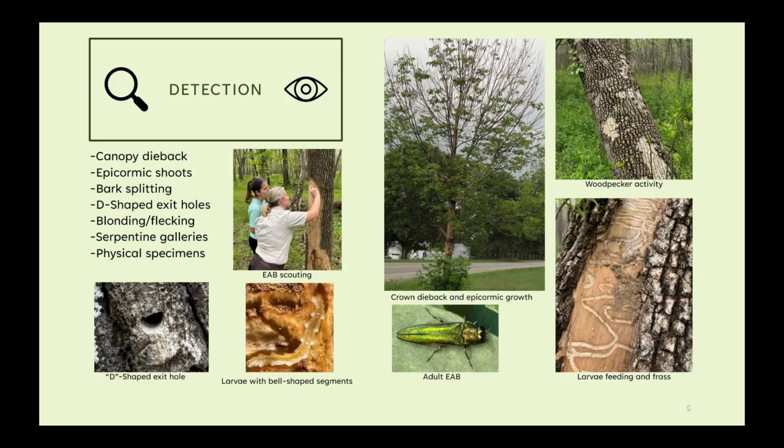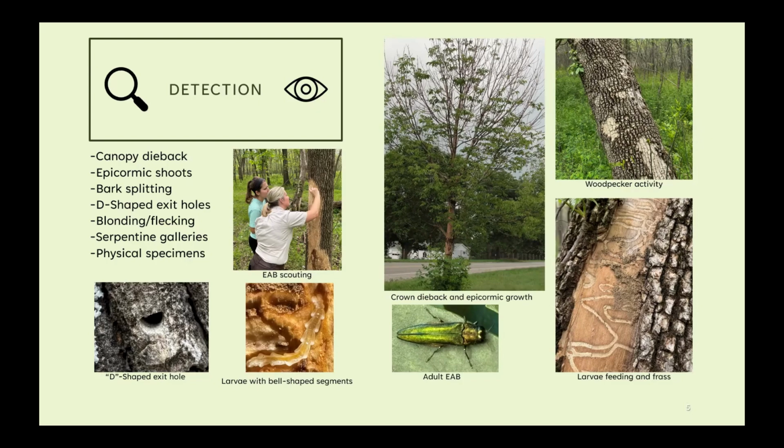And then you'll also see some of that epicormic growth in the form of water sprouts and suckers that's usually indicative that the tree is undergoing some level of stress. In later stages, it's not unusual to see bark splitting and cracking as well.